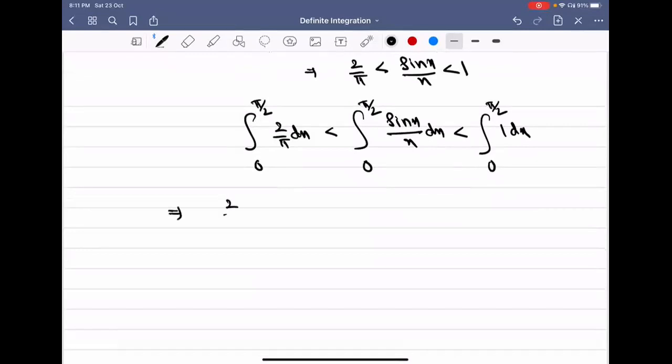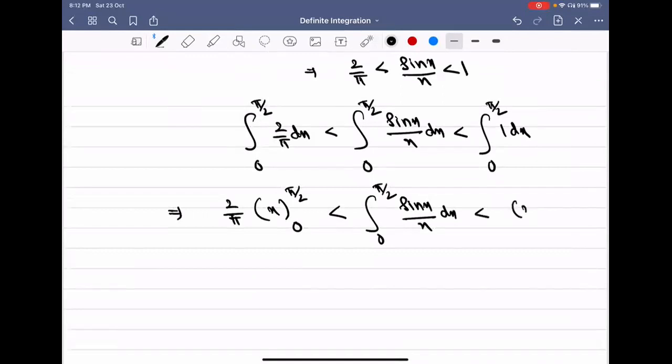That implies 2 by pi outside, integration of dx is x, limits are from 0 to pi by 2, is less than integration of 0 to pi by 2 sin x by x dx is less than integration of dx is x, limits are from 0 to pi by 2.